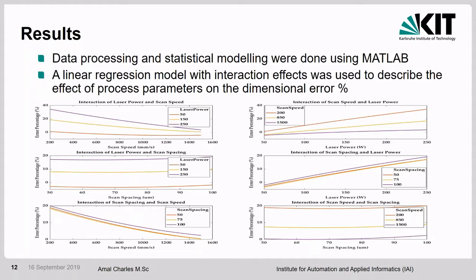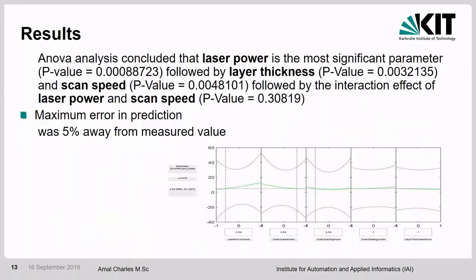Using this, we were able to understand how our measured error percentage was varying at the different levels of our power, scan speed, as well as scan spacing. Then we also did some ANOVA analysis to understand the most significant process parameters in terms of effect on the dimensional accuracy.